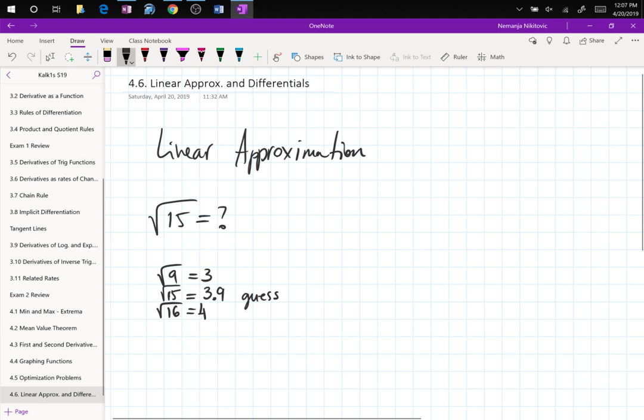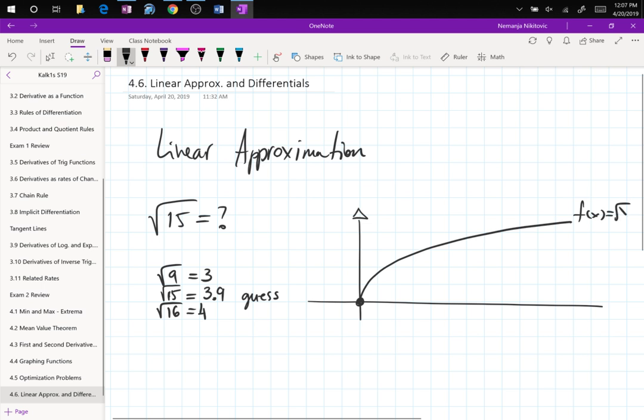Now, what would be the cool way to actually figure this out? If I have my function f of x square root of x, and I say that I'm interested in computing value at 15, what is the close value that it's easy to compute?